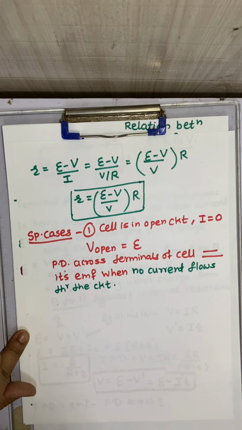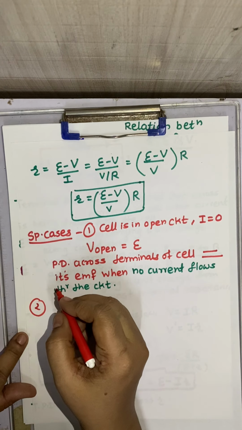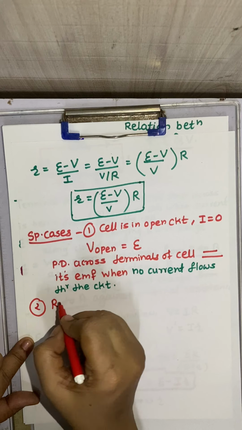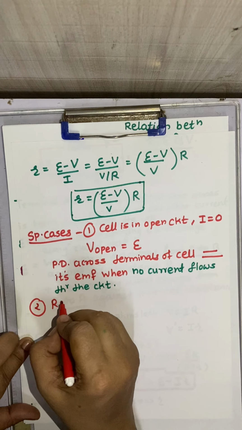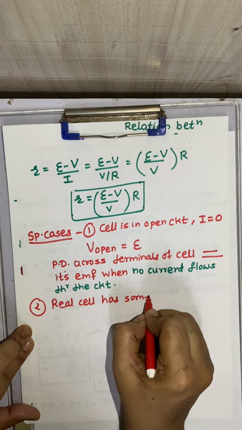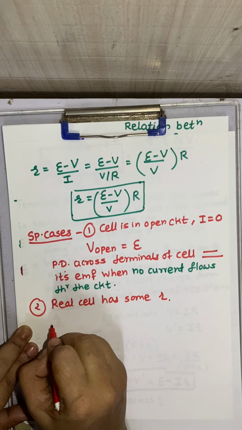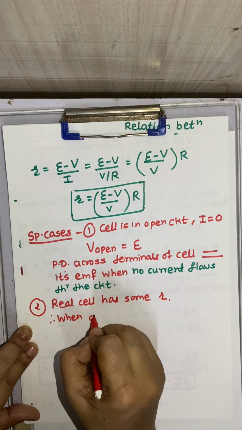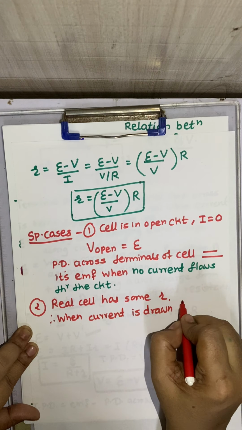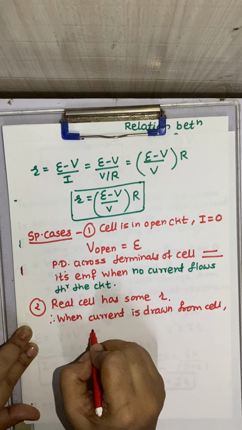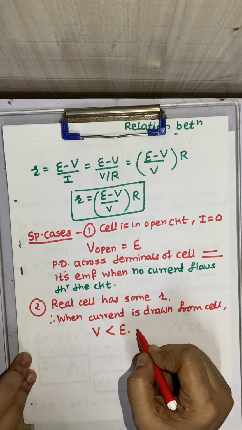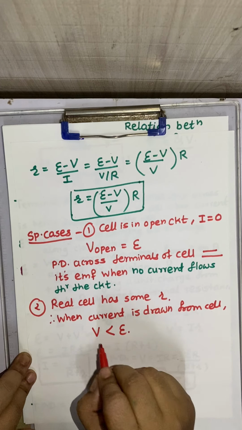In case number 2, we are going to study that a real cell has some internal resistance r. Any electrolytic cell or chemical cell always has some internal resistance r. So a real cell has some internal resistance. Therefore, when current is drawn from the cell, V is always less than E. That's what we are saying, that internal resistance plays an important role in the potential difference.